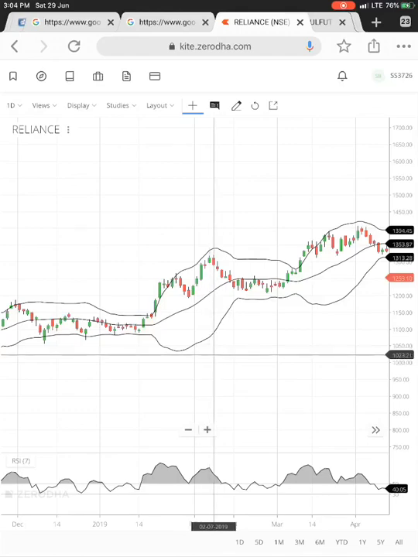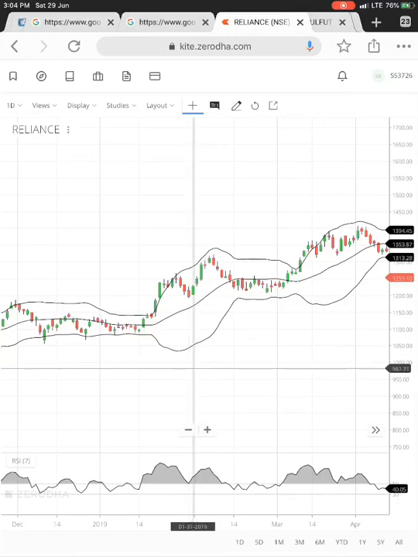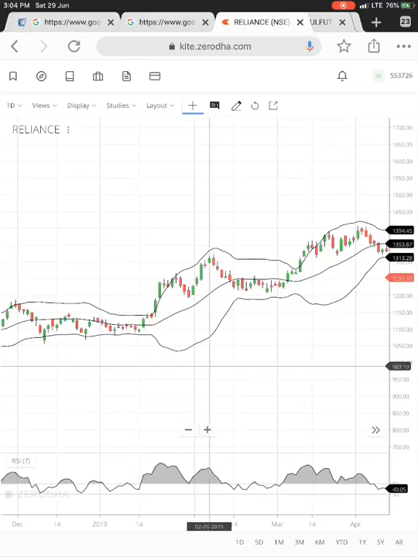When you see this, it is just the reverse of what we saw previously. Here the bearish or reddish candle is engulfing the previous green candle, which means this is a bearish engulfing pattern.